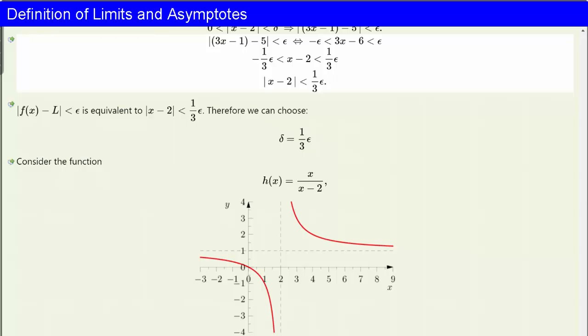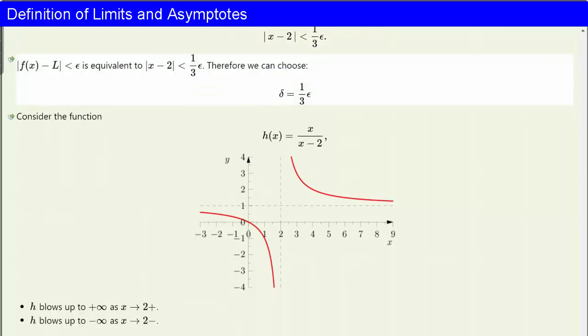So the required constraint, absolute value of f of x minus L less than epsilon, turns out to be equivalent to absolute value of x minus 2 less than epsilon over 3. Therefore, we can choose delta equal epsilon over 3, and this will guarantee that absolute value of f of x minus L is less than epsilon.